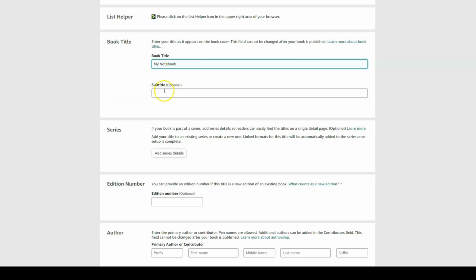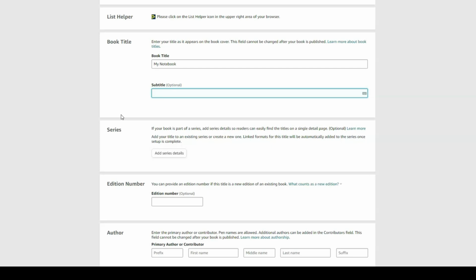And now you can enter a subtitle, and the subtitle should always be something that tells you a little bit more about the book. If you research your subtitles on Amazon, you will see a lot of books that have details in the subtitle that shouldn't be there. Amazon are getting quite strict now with what they let through on the subtitle.